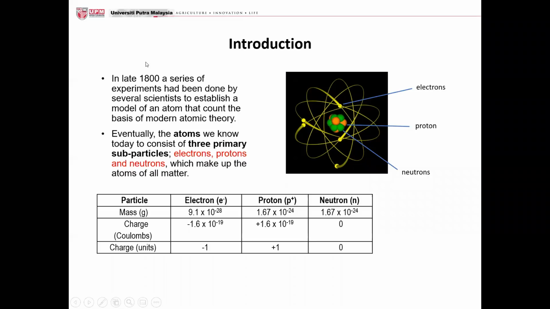As an introduction, atoms are the building blocks that make up everything, for example table, water, and gas. Atoms are very tiny, very, very small in size. Now let's see what is inside the atom. Here we have the atomic model.